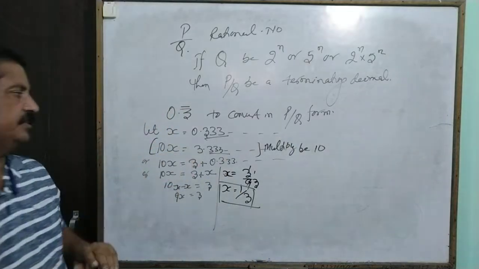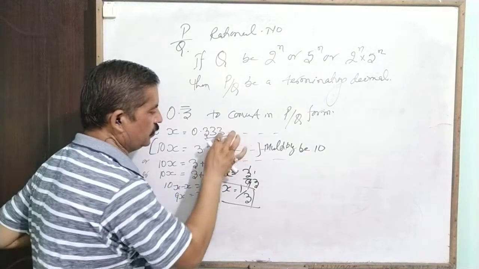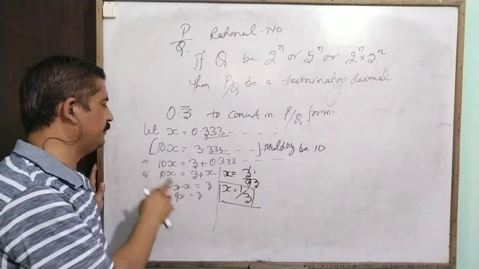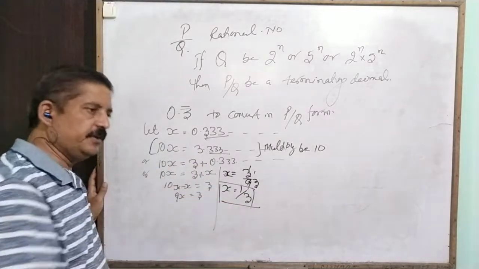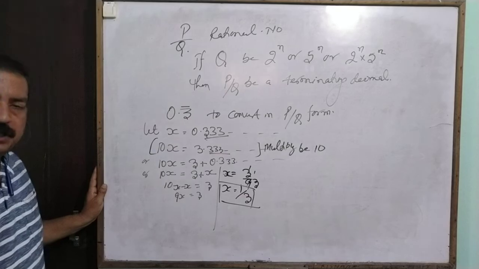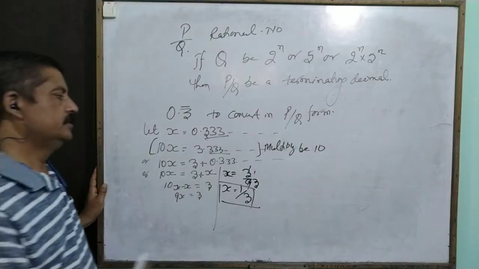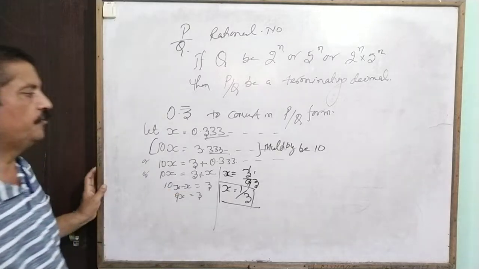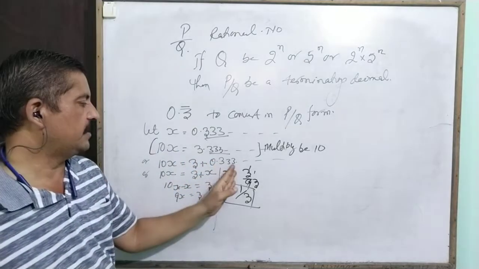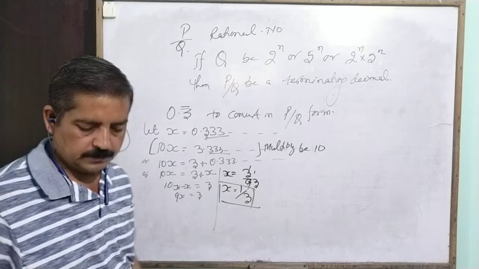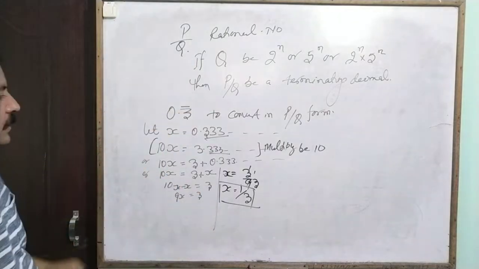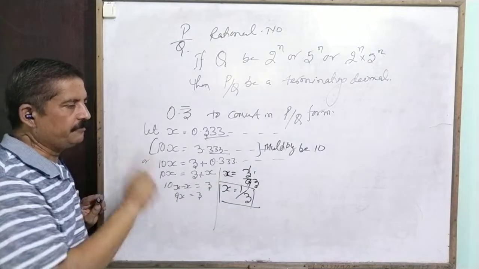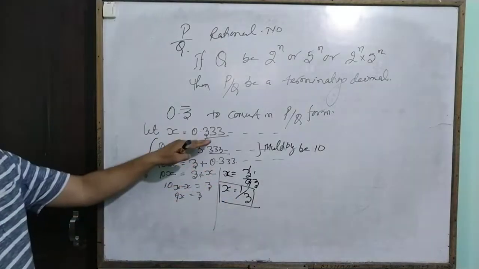Next, if the decimal part is not the same at every stage, we again multiply by 10, and continue, x, 10x, 100x, 1000x, 10,000x, until the decimal parts are the same.